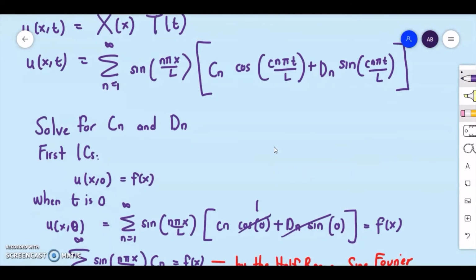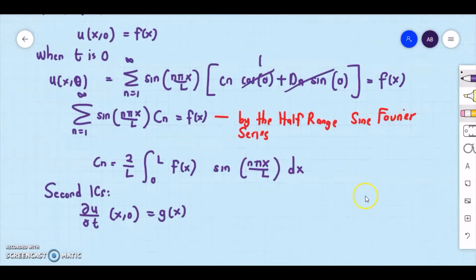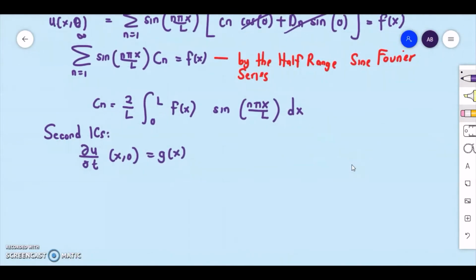Differentiating cos will give me a negative sign, and we have cnπ/L in the front. Differentiating sine will give me cos. Having that in mind, let's write it. ∂u/∂t (x,0), and don't forget that t is 0. Maybe I want to differentiate first instead of putting t equals 0.